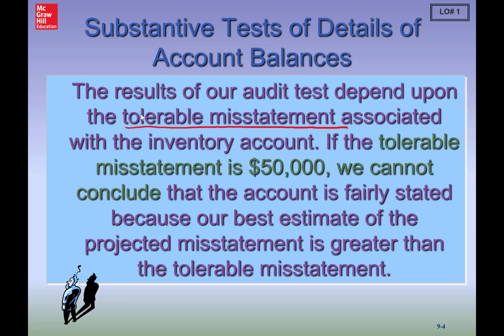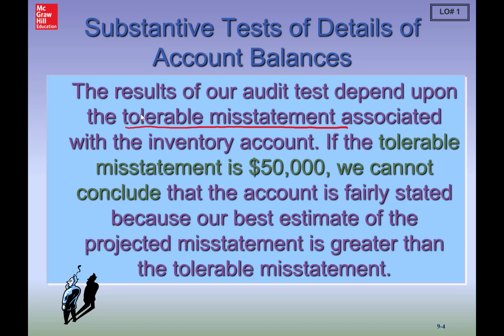Okay? Now, we're going to deal with sampling risk by using this method that we're going to call dollar unit sampling, and not get into what we can call classical variable sampling, where we would be calculating a standard deviation, plus or minus, seeing how that standard deviation gives us a range, and seeing if we're in or outside of that range. We're not going to do all that for this particular chapter.